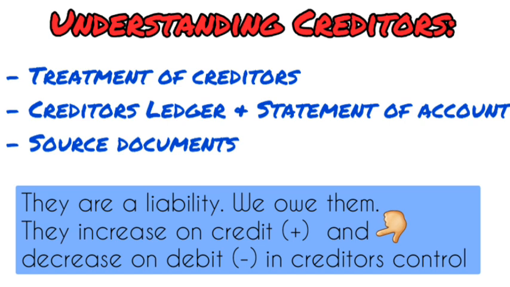And every time I record a decrease, I'm going to record a decrease on the debit side. So why do we do that? Remember, a credit is for when I am buying. That means that my liability is increasing.